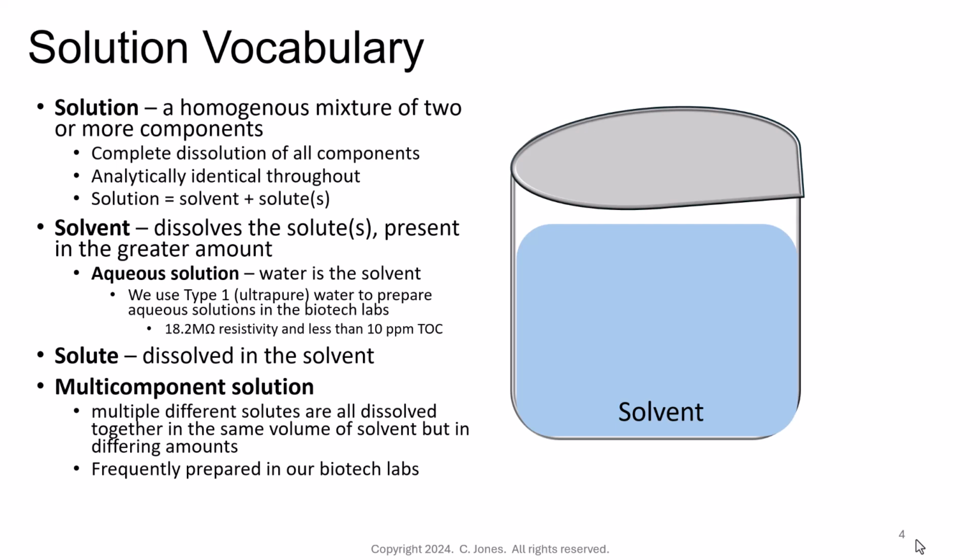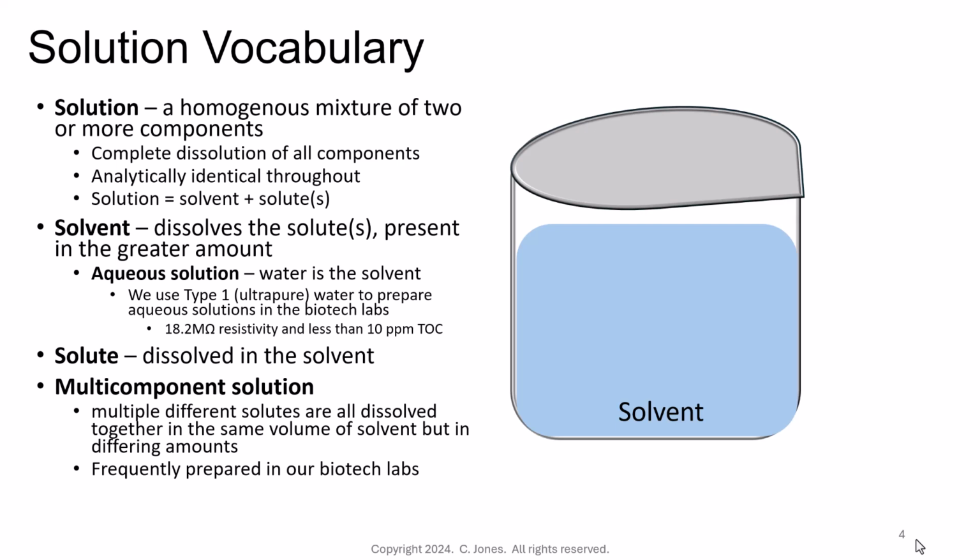So we want to remove the total organic carbon, and that is done with a filter that contains activated charcoal. That is charcoal that is ground up and has a lot of surface area. And the charcoal will absorb a lot of the organic material. It will stick to the charcoal and it won't come out at the end of the water purification system. So we use ultra-pure water.